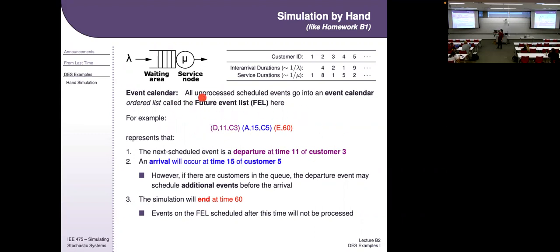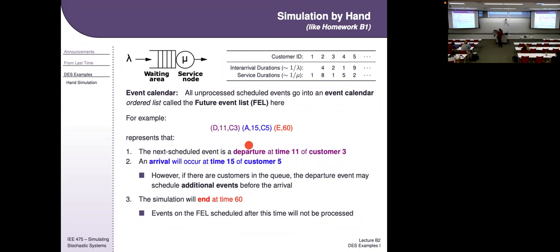So you're always going to need to make sure the FEL is sorted with the least times on the left and the greatest times on the right. And as we'll see, the entry on the farthest left will be the entry that is being processed.